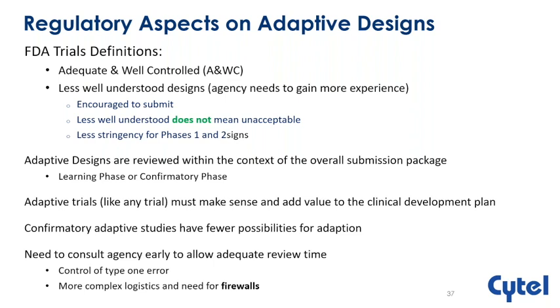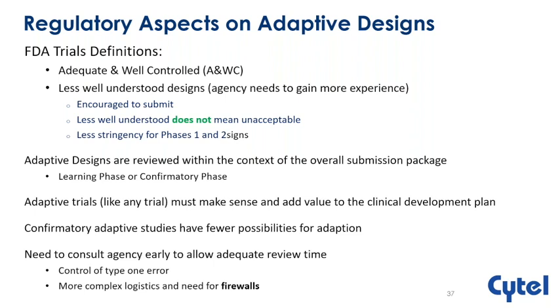And those are trials for which the statistical properties are well-known and analytically verifiable from a mathematical point of view. And those are designs that can be used for pivotal trials.